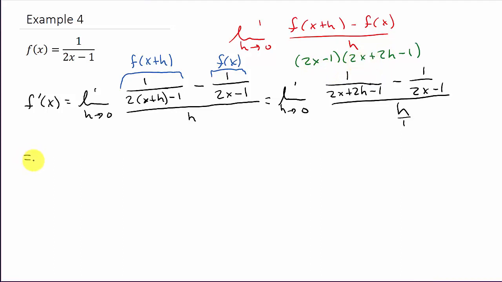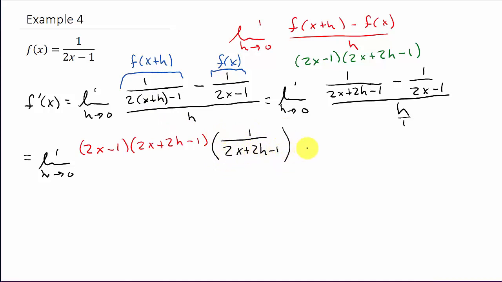We get the limit as h goes to 0 of the common denominator times 1 over 2x plus 2h minus 1, minus the common denominator, 2x minus 1 times 2x plus 2h minus 1, times 1 over 2x minus 1.